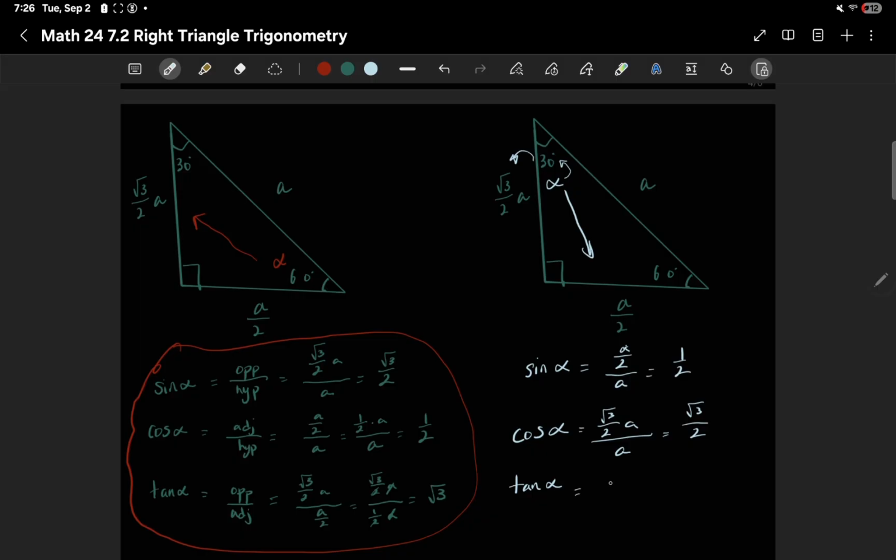And tangent is opposite over adjacent, so we have a over 2 over the square root of 3 over 2 a. Once again, the a's will cancel, and the 2's on the bottom will cancel, giving us 1 over the square root of 3, which we can rationalize by multiplying the top and bottom by square root of 3, giving us square root of 3 over 3.